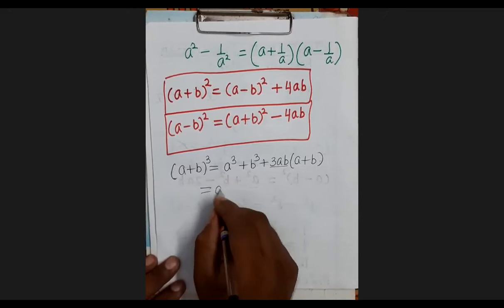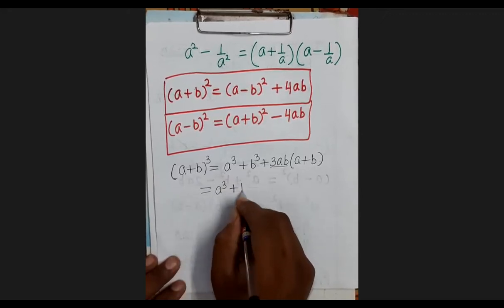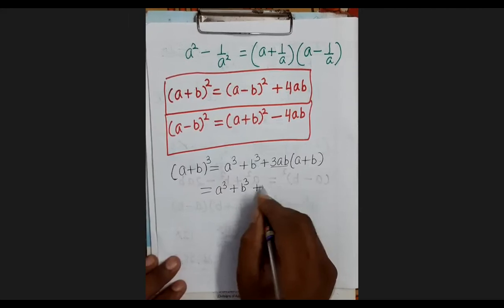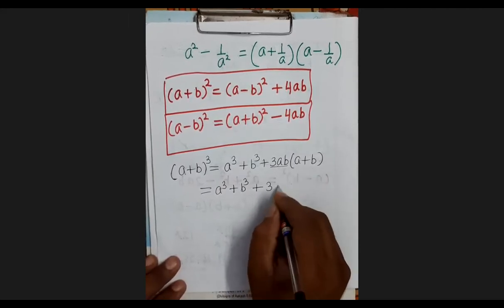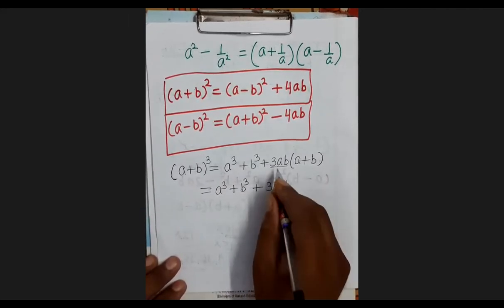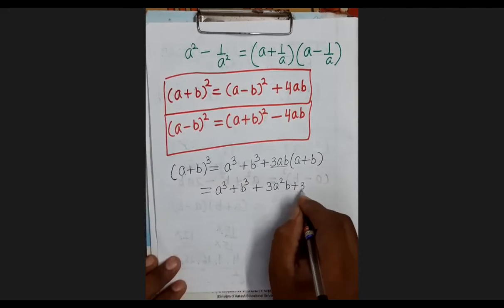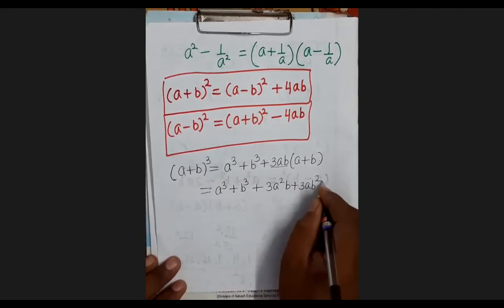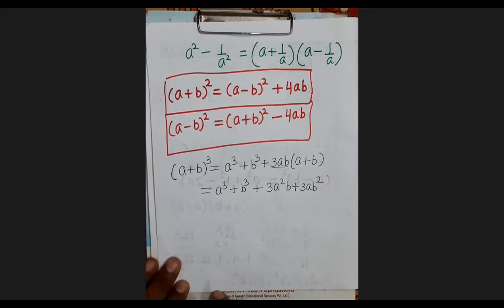What will be? A cube plus B cube, 3AB into A gives 3A square B, and 3AB into B gives 3AB square. It's clear?